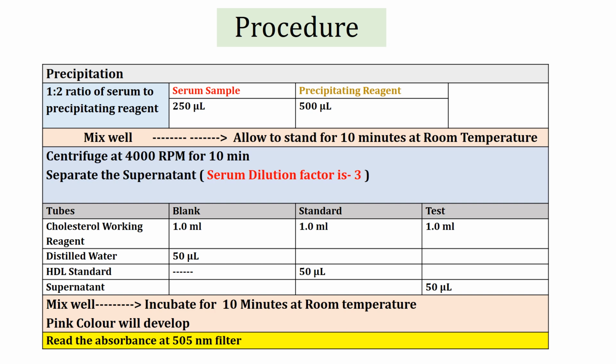Mix all the contents in the tubes and incubate all 3 tubes for 10 minutes at room temperature. Then you will see pink color developed in standard and test tubes. Now read the absorbance of all 3 tubes at 505 nanometer filter.